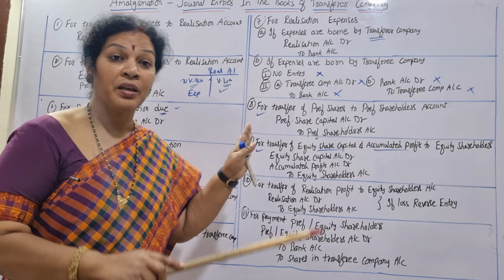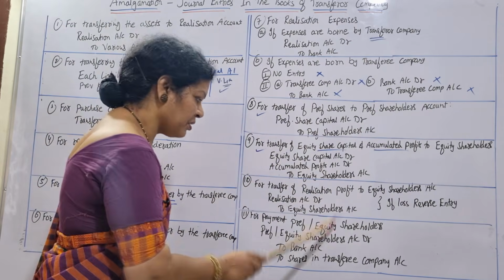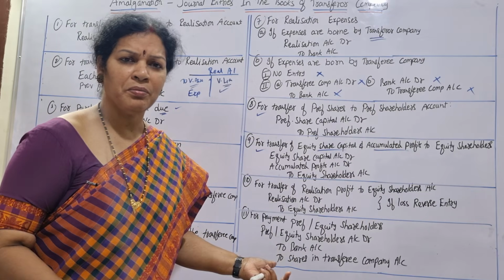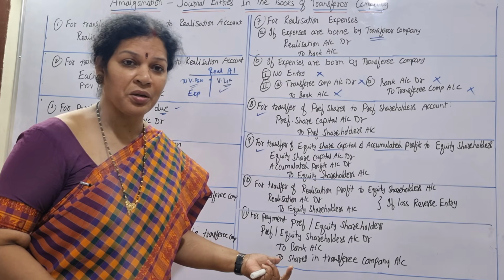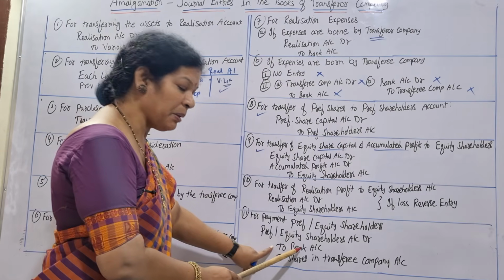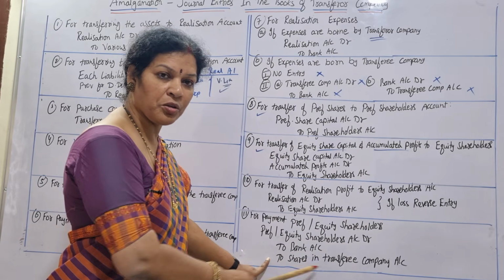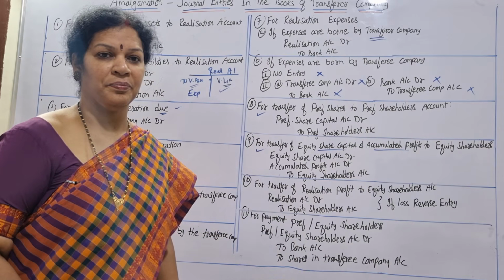If equity shareholders are receiving, debit the equity shareholders account. On the credit side, what do you write? All the payments, credit what goes out. You know the accounting rules. How are you making the payment? Something is through cash or bank and the rest through shares. However you make the payment, that comes on the credit side.